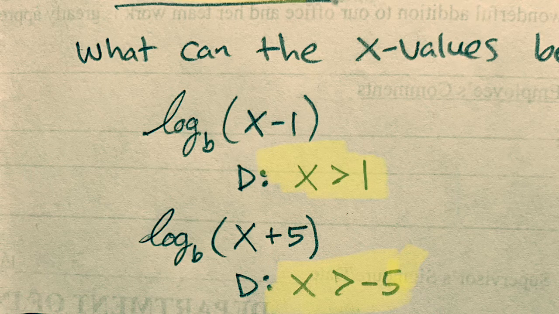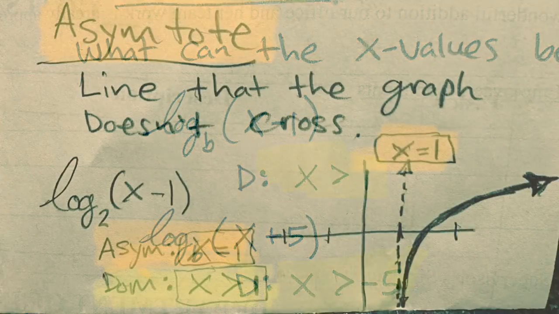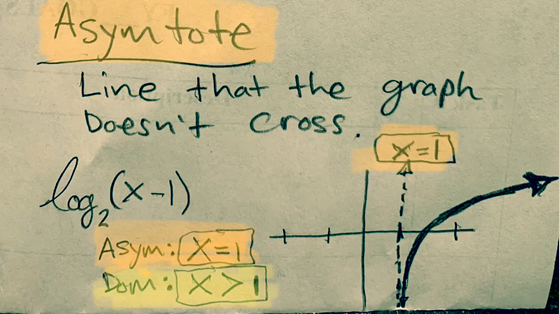And then you have something that's equally as important, and that's the asymptote. The asymptote is a line on a graph that the graph of the function will get really close to, but it'll never touch and it'll never cross. Well, that asymptote is like a boundary line.